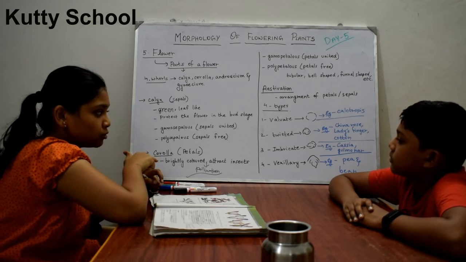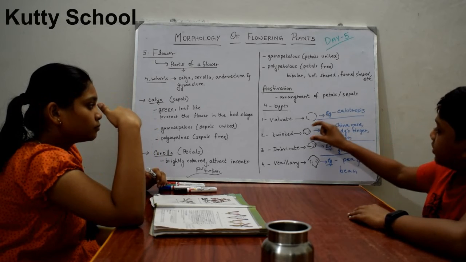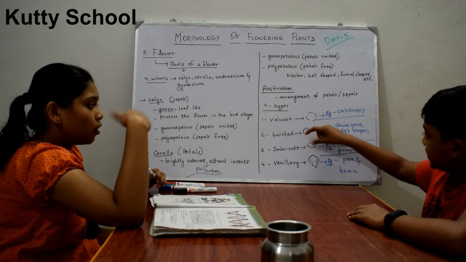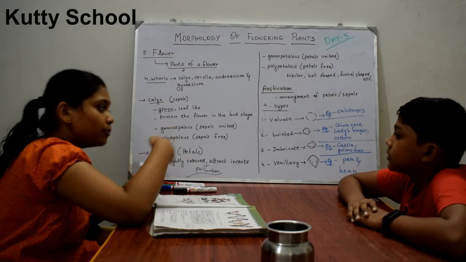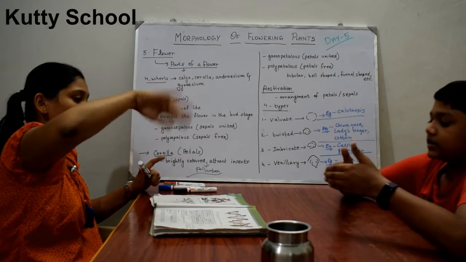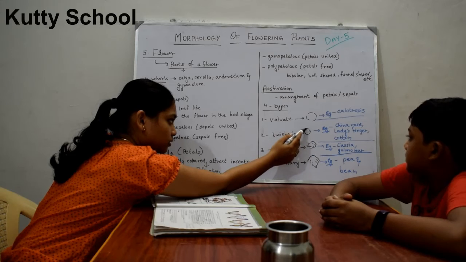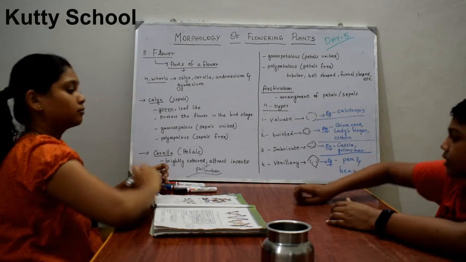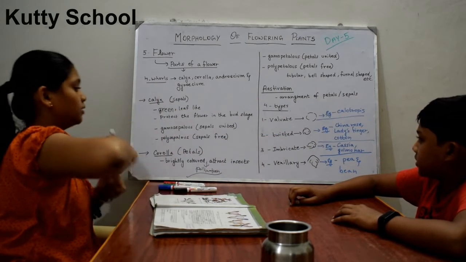The second one is twisted aestivation. In this, one petal or sepal will be inside and one will be outside, and the next will be inside of this one, like this. This is inside, outside; this is inside, outside, like this. So it is twisted.